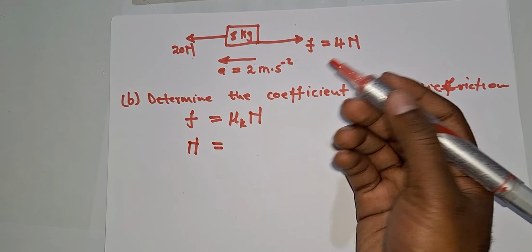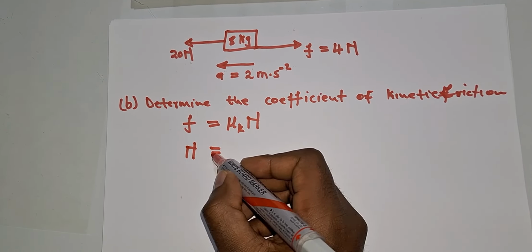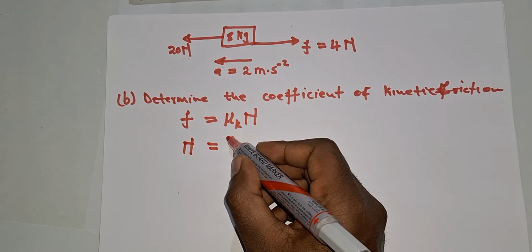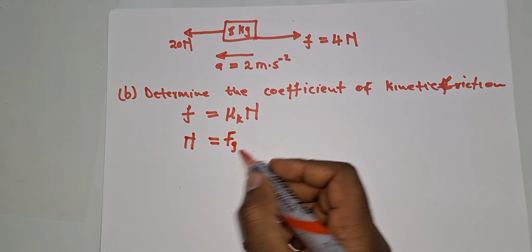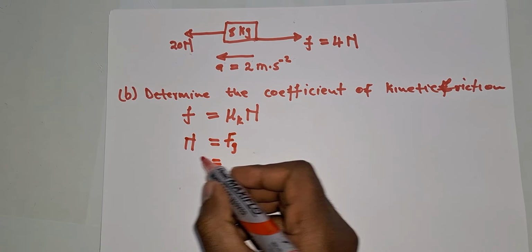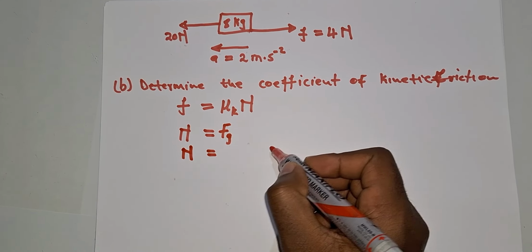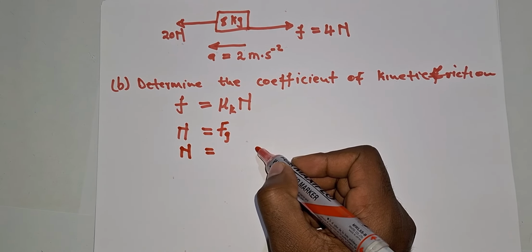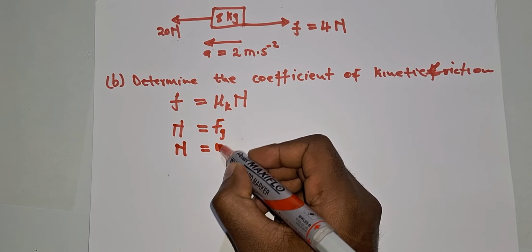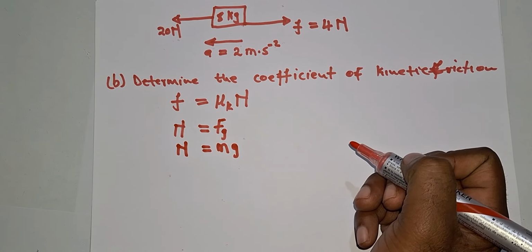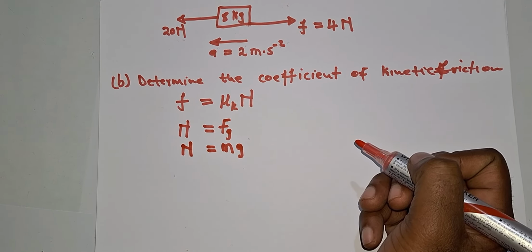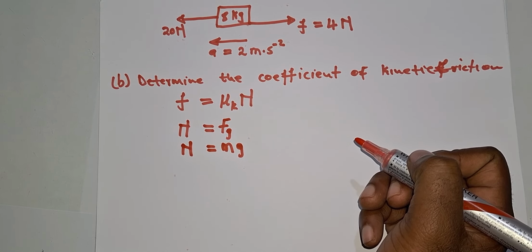So if they are equal, then I can say the normal force is equal to the force due to gravity. The force due to gravity is the weight, and the equation for the weight is the mass of an object multiplied by the acceleration due to gravity.